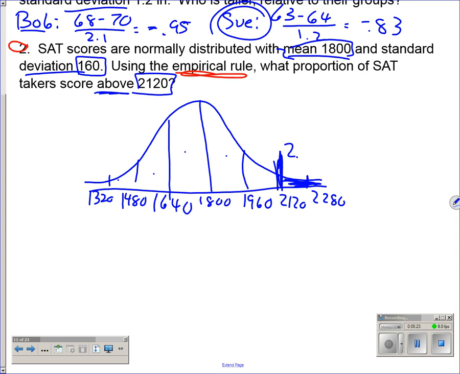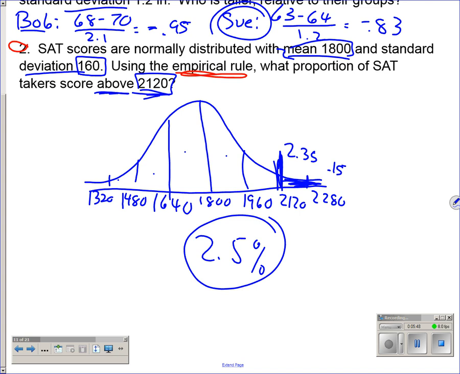There's the one that was 2.35 and 0.15. So the total to the right of that value using the empirical rule is 2.5%. Makes sense. I mean, you're 2 standard deviations above the mean. You don't have many people who pass that. So, know those percentages, and you'll be fine. Questions on that?